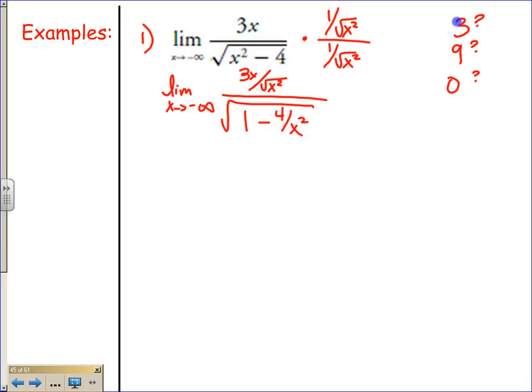Question, who's going to 0? Which we knew, because 4 is not going to be near as strong as negative infinity squared, right? Okay, hold on. What's the square root of 1? As I go to negative infinity, the square root of 1 is still what? 1.